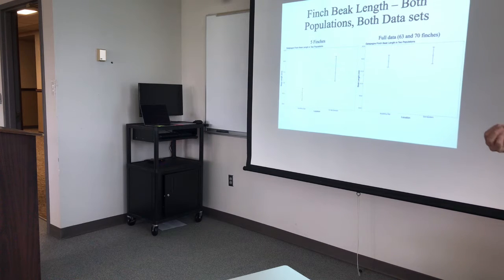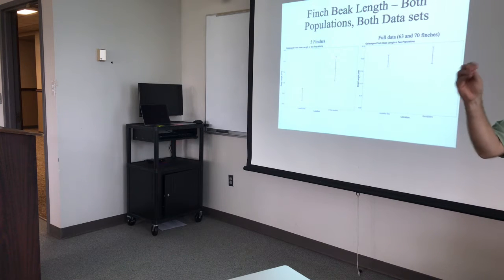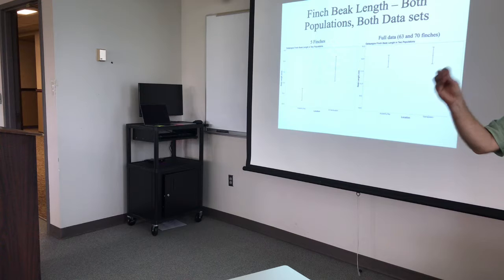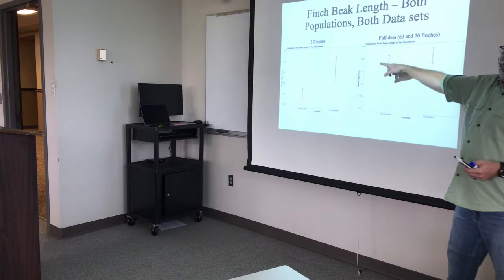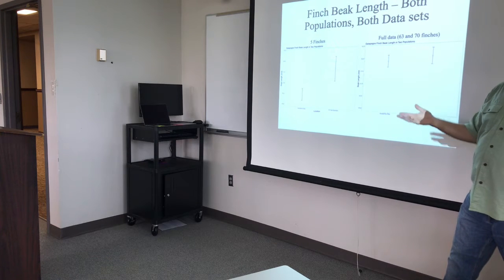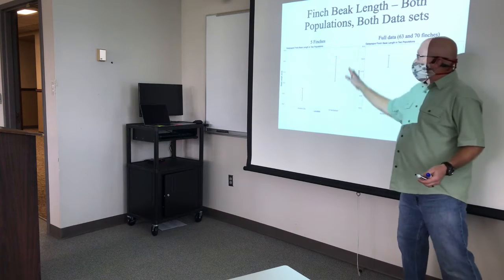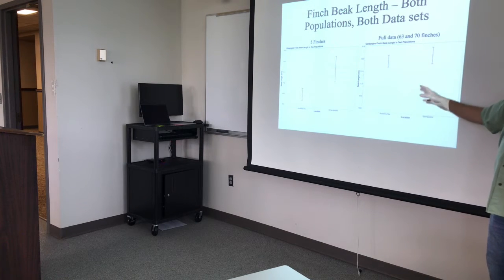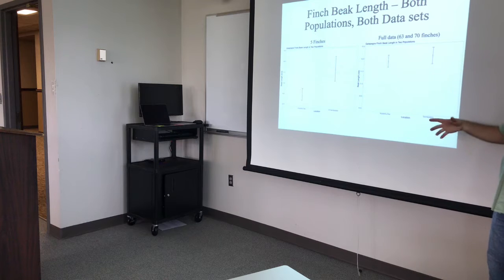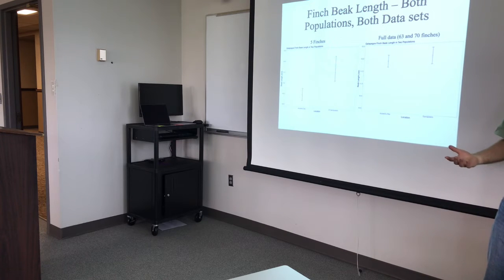Because with 63 and 70 finches, we have a clearer idea of what the average size of a finch beak is. And we can see they actually are not different at all in these two populations. Incomplete picture, more complete picture, and it gives you closer to what probably the right answer is.